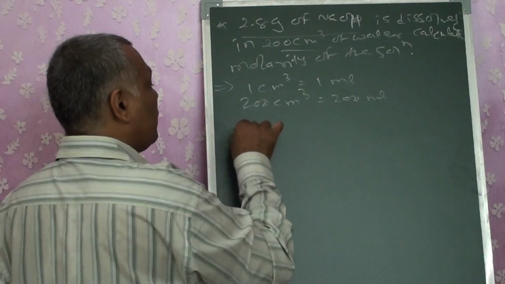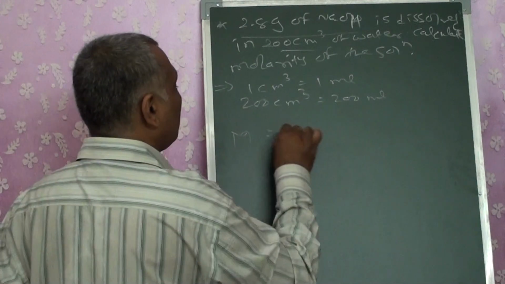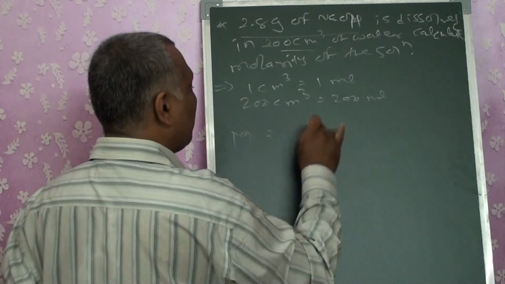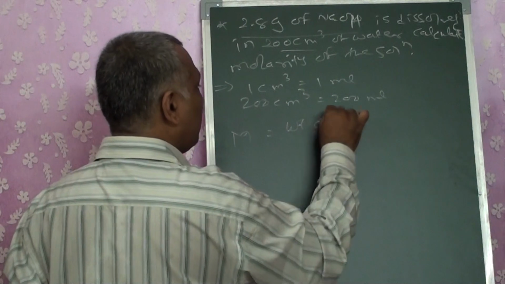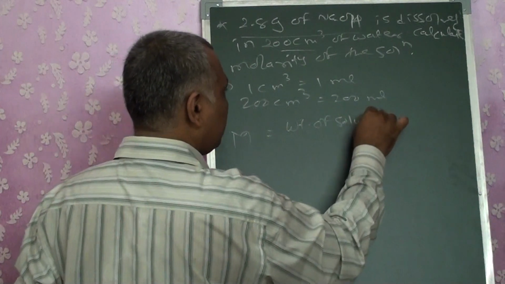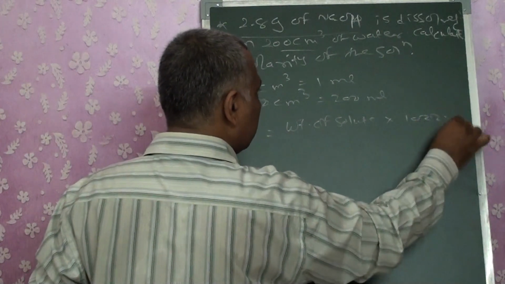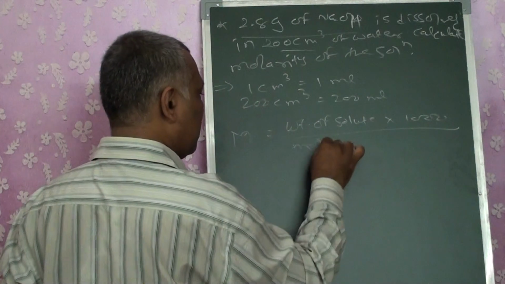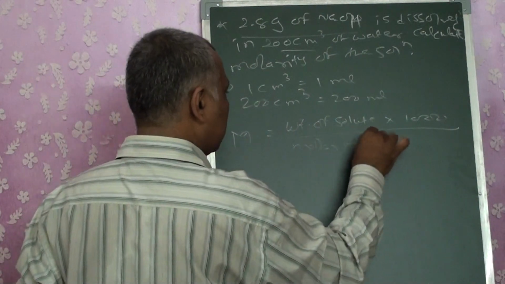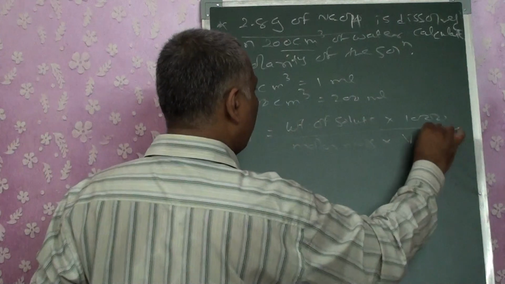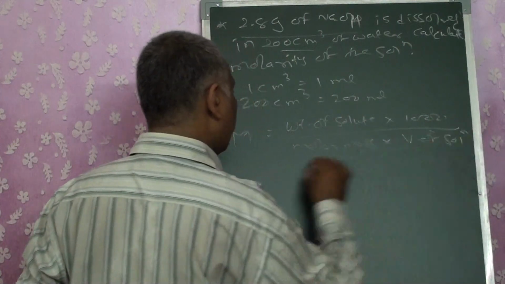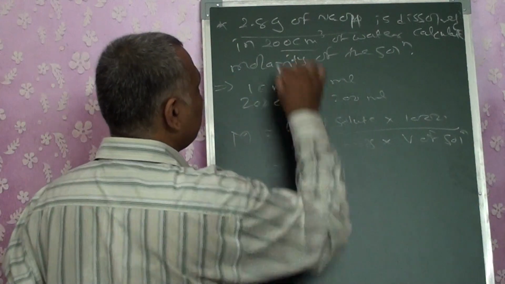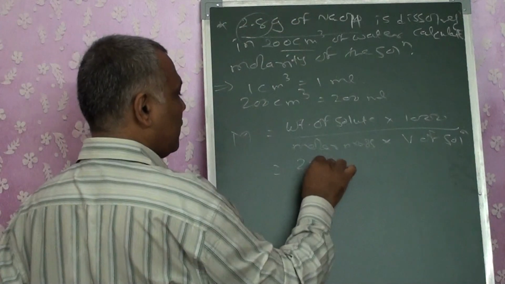So we want to calculate molarity. Molarity means the formula we have: weight of solute times 1000, divided by molar mass times volume of solution. Weight of solute is 2.8.